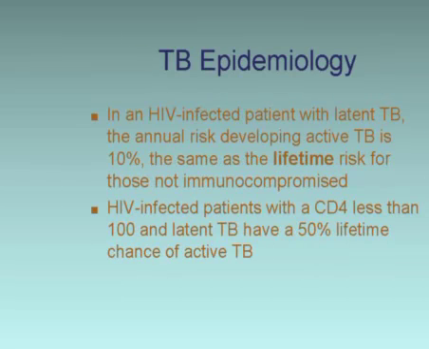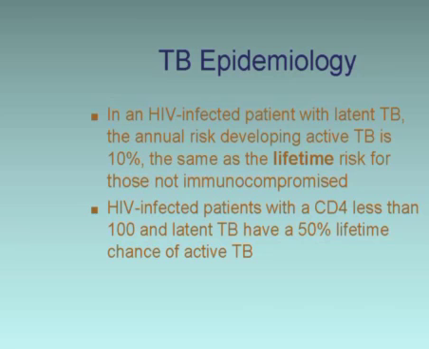So in an HIV-infected patient with latent TB infection, so TB is living inside the body, they have TB, but they're not yet symptomatic, the risk of developing active TB is 10% per year. This is the same as the lifetime risk for those who are HIV negative.